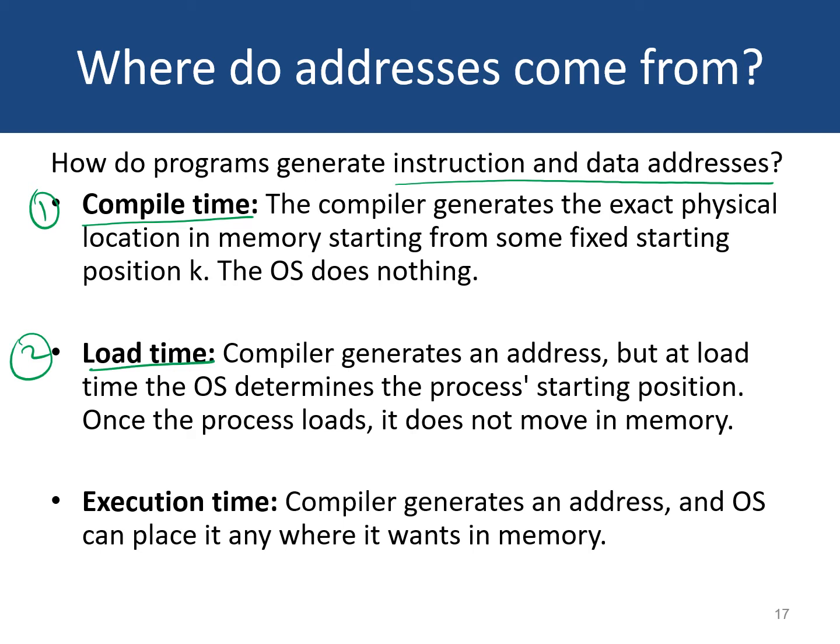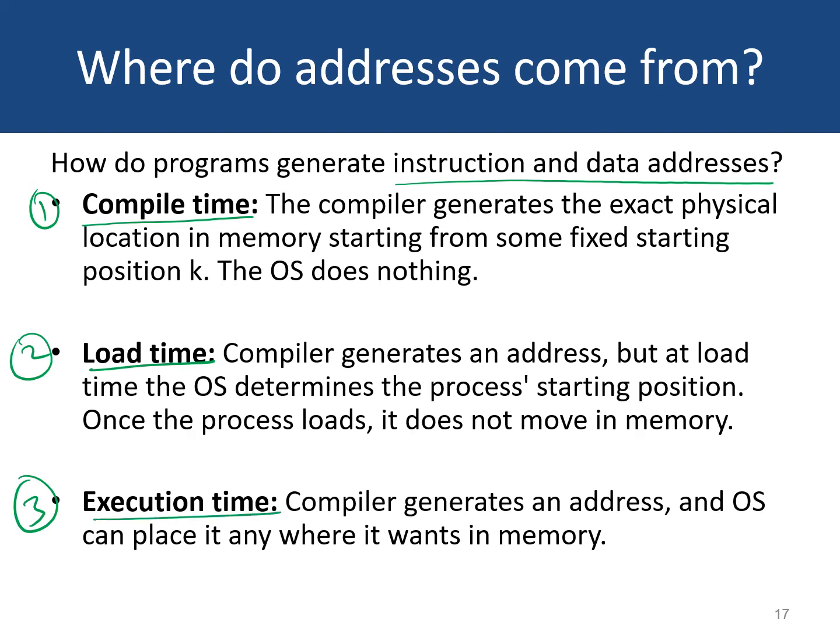When we are loading the process from the hard disk to the main memory, we can fill out these addresses for the instructions and data with the right physical addresses, because at load time we will know where physically in the main memory the process is going to reside. So at load time, the addresses can be generated by the loader. The third possibility is that the addresses can be generated at runtime, or at execution time.